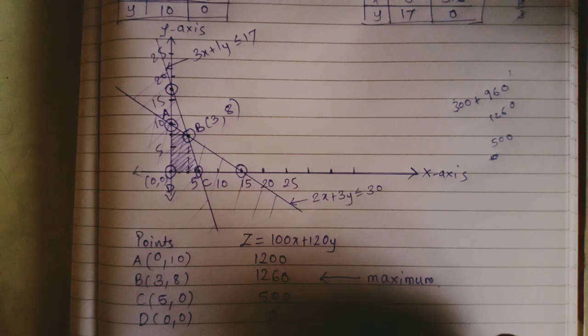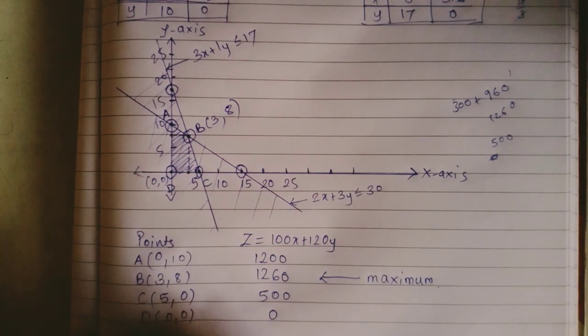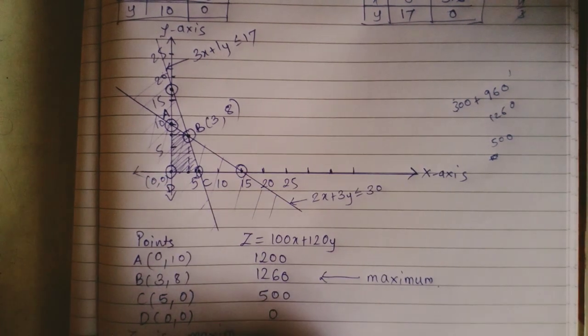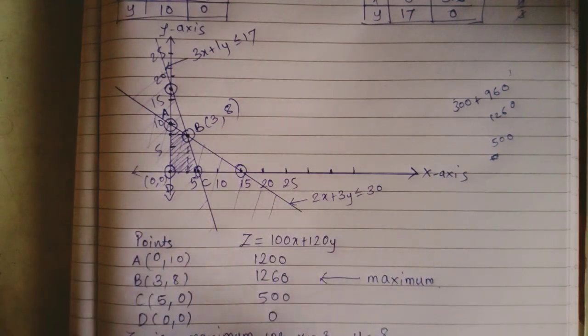Right, so then you have to write Z is maximum for x equal to 3 and y equal to 8. So 3 units of good x and 8 units of good y will produce a maximum profit, that is 1260. Okay.